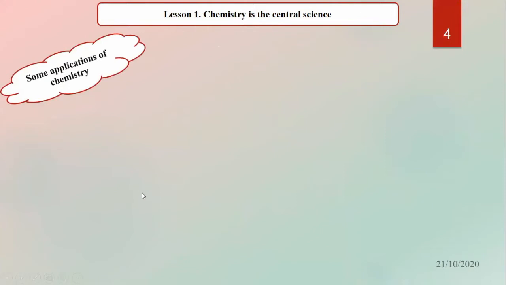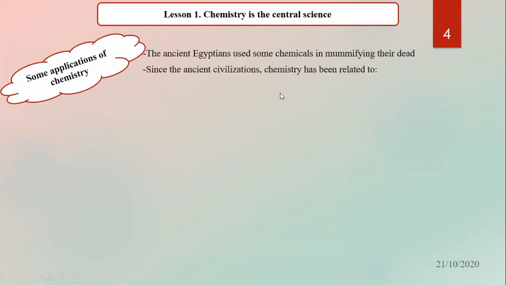Let me ask you a question. What are the applications of chemistry? Chemistry has many applications in our life. The ancient Egyptians used some chemicals in mummifying their dead, as we said before.